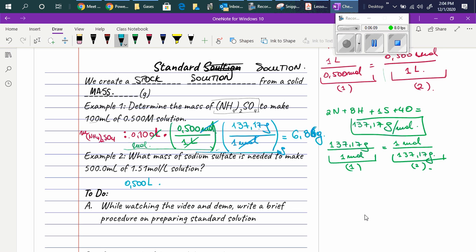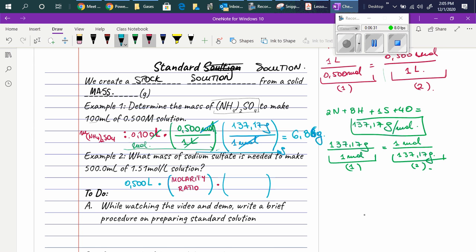On this case, you will go 0.500 liters times the molarity ratio, and then you will end up with moles.